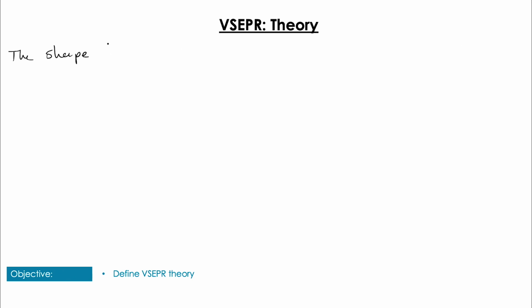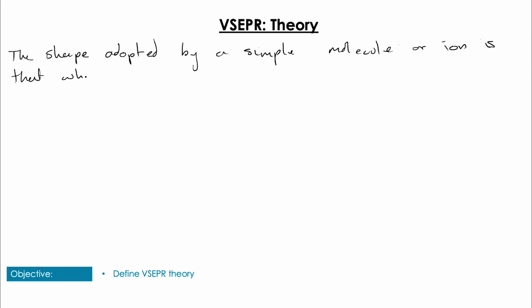So this theory is based on the premise that this repulsion is predictable, and because it's predictable, there is a pattern of shapes that a molecule or ion will keep depending on how many bonds a central atom has to the outer atoms. And that is because the repulsive forces are being kept to a minimum by this separation.